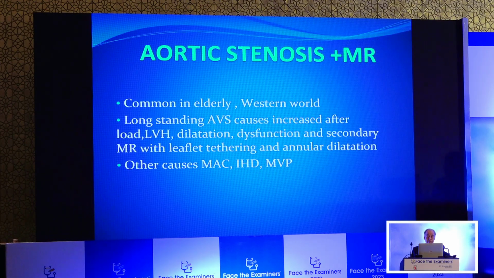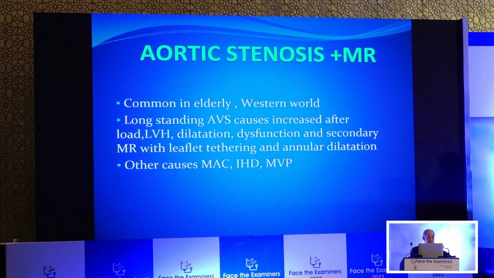So severe aortic stenosis can give rise to MR only because of severe AS. There can be other reasons for MR in the elderly. Along with AS, there can be mitral annular calcification with mitral regurgitation, or ischemic heart disease associated with papillary muscle dysfunction, or a patient with degenerative mitral valve prolapse who has come up to this stage.